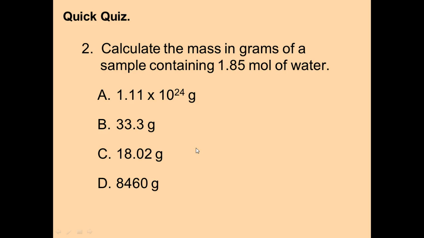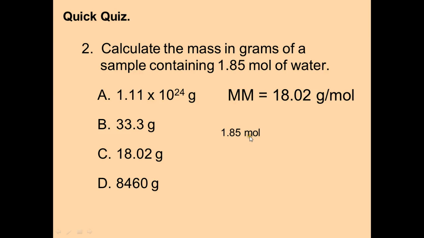And so calculate the mass in grams of a sample containing 1.85 moles of water. Let's just do the problem first before we look at the answers. We have the molar mass of water. They just give it to us, 18.02. We first start with 1.85 moles.